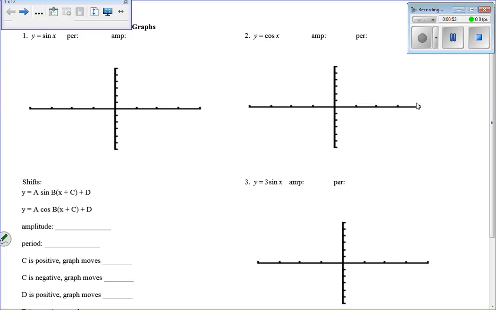All right, so sine and cosine graphs, basically what we're doing is taking the unit circle and unraveling it. So the unit circle, obviously a circle, we're going to unravel it where your x-axis is essentially your theta axis, okay?